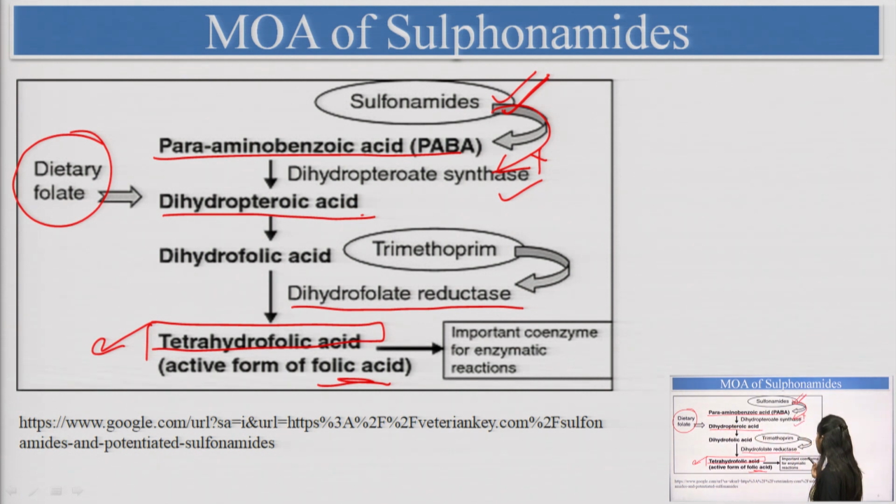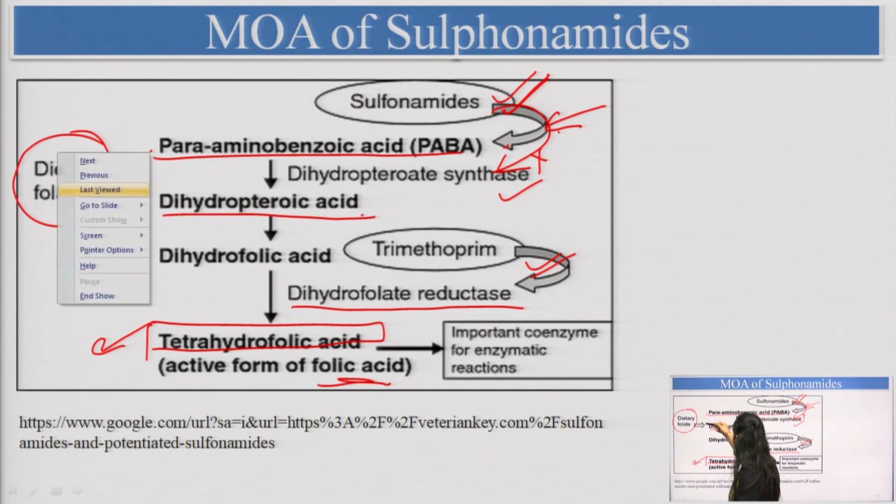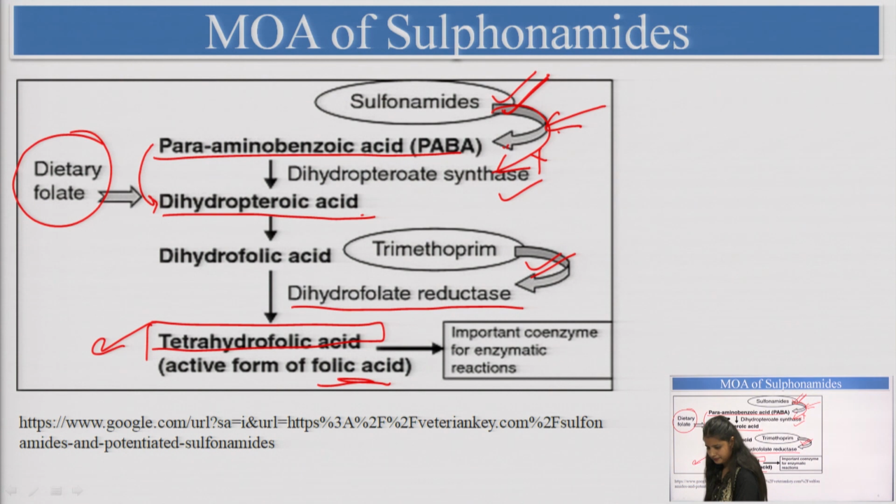Another drug, trimethoprim, works on the dihydrofolic to tetrahydrofolic acid step in this pathway. What is important here is the step. Dapsone also works on this step. It will affect the conversion of PABA to dihydropteroic acid.